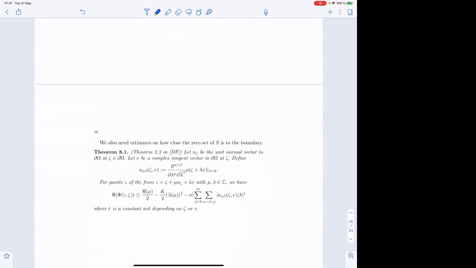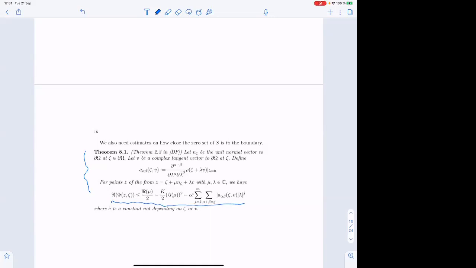So how large is this support surface? I mean, how far away from the boundary is the support surface? So this complicated expression says that there is an inequality that determines how large the real part of phi is.